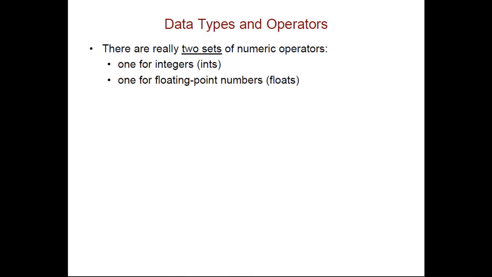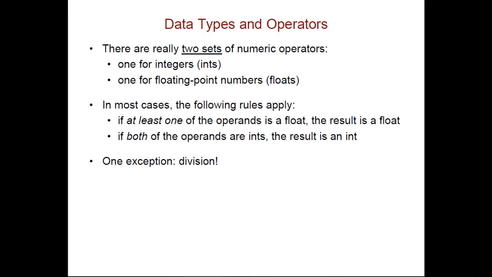And the way that Python determines which operator to use is based on these rules. If at least one of the operands is a float, the result will be a float because we're using the float operator. But if both of the operands are ints, the result will be an int because we're using the int version of the operator.